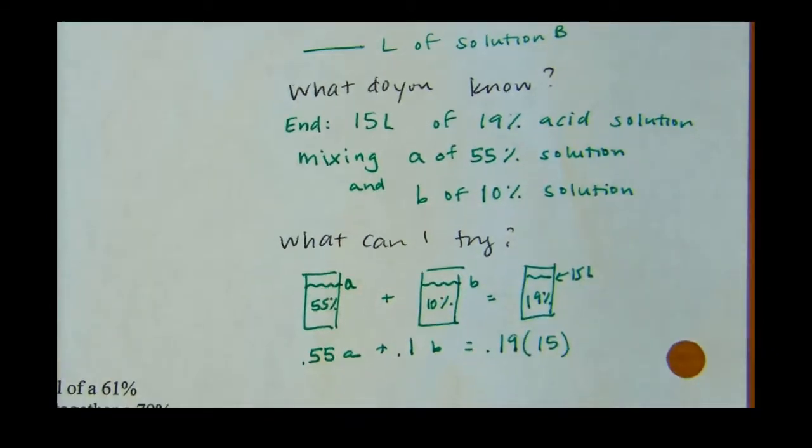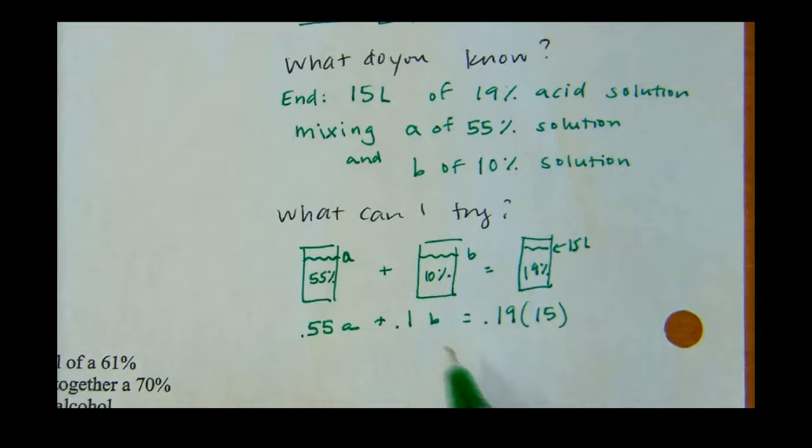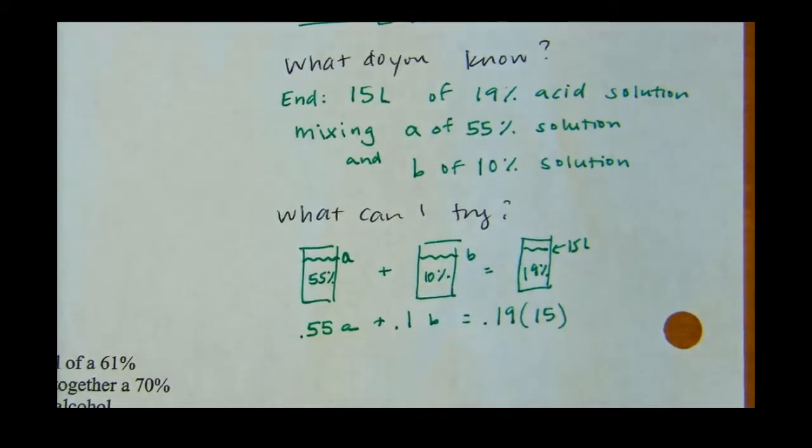But take a moment and think, can I solve this problem just like it is? If yes, how? If no, why not? I've got two different variables in this equation, so I actually cannot solve this just like it is. I've got to think outside of the box. Since I've got two variables, I need a second equation.